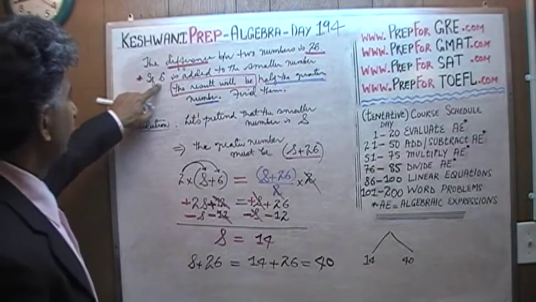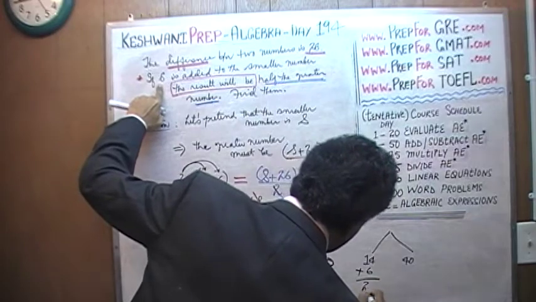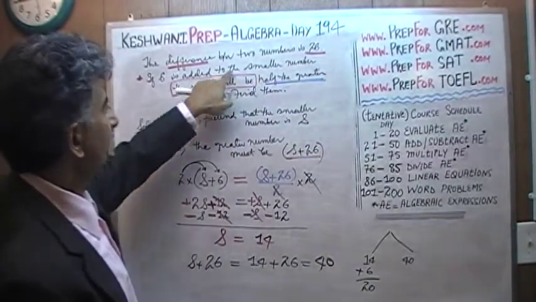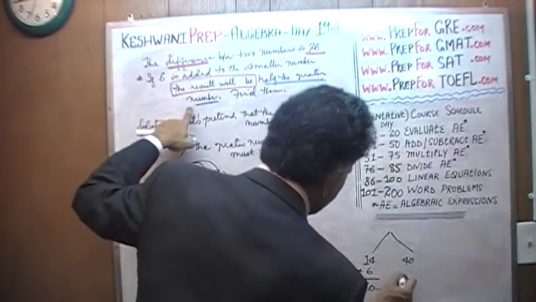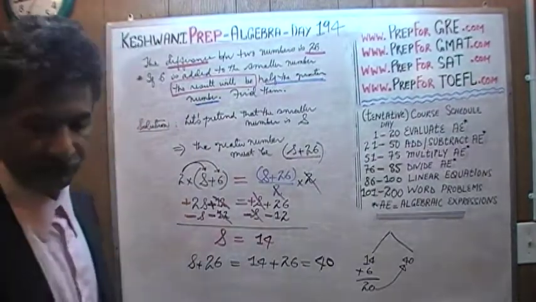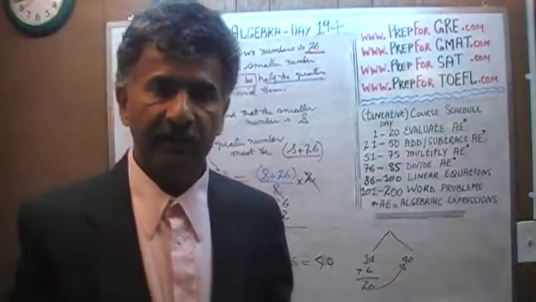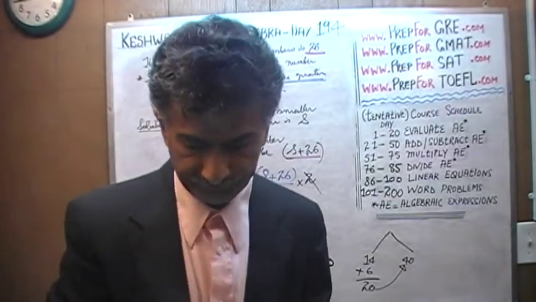If we were to add 6 to the small number, what we get is 20, which turns out to be half the greater number. There you go. If we add 6 to the small number, we have a quantity which is half the size of the larger number. That's it, we're done.